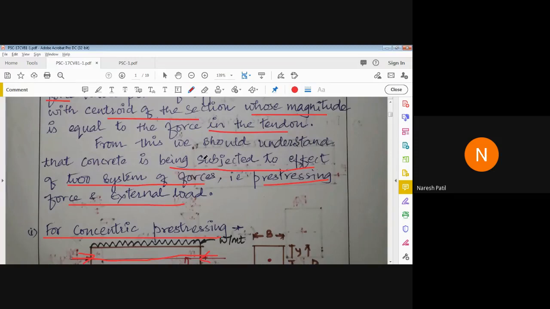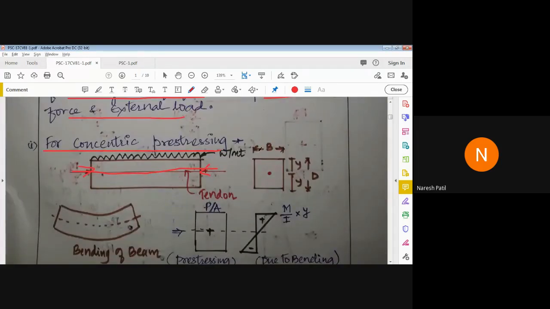That is nothing but the stress concept. And because of those forces, the pre-stressing force and the external load, the stress developed in the beam is what we are going to calculate. Okay. This is the cross section of the beam. Now you understood what is concentric.